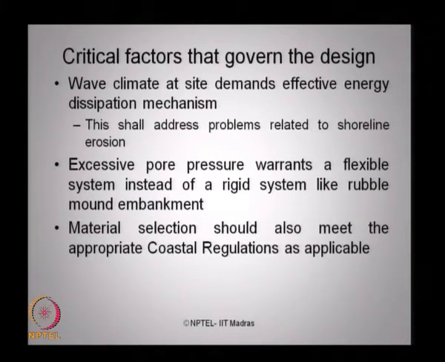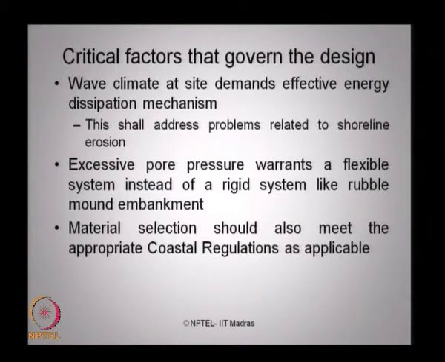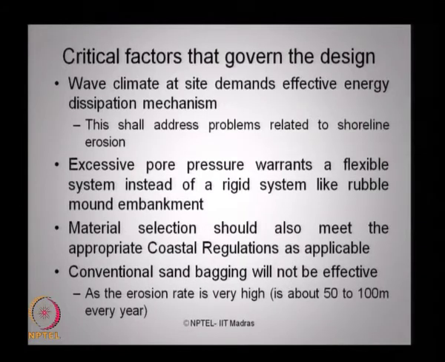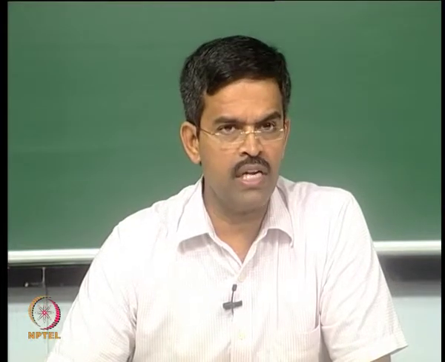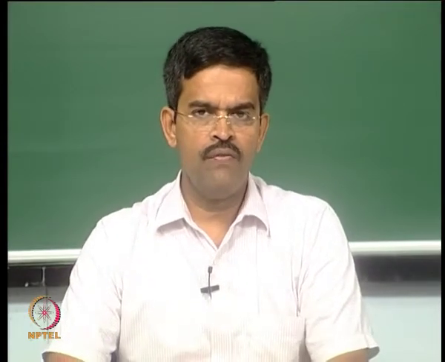And of course, the material selection based on which the embankment will be constructed should also meet the appropriate Coastal Regulations Act as applicable to any specific site. So, the conventional sandbagging and wooden piling will not help. As you saw in the previous photographs, they were not able to stop the advancement of the sea into the land. The erosion rate is very high. It has been seen that the erosion rate is approximately 50 to 100 meters every year.